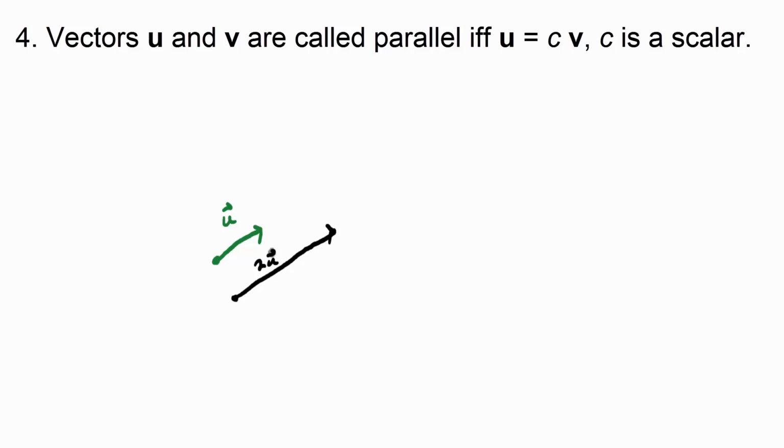They're parallel line segments, aren't they? So the definition should be clear why we call those two vectors parallel. And so 2 is like c in this case. But it works in general too, because even if c is negative, it reverses the direction, but the arrows are still parallel, right? So we call two vectors parallel if they're scalar multiples of each other.